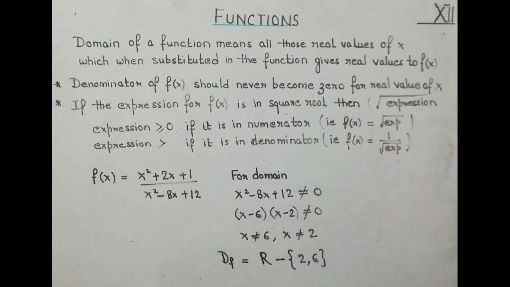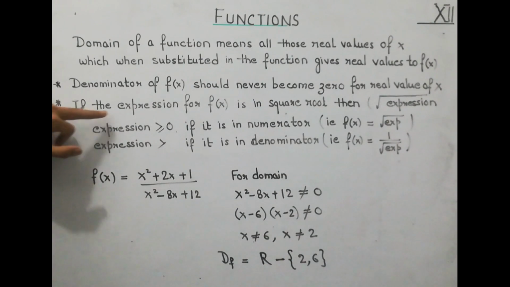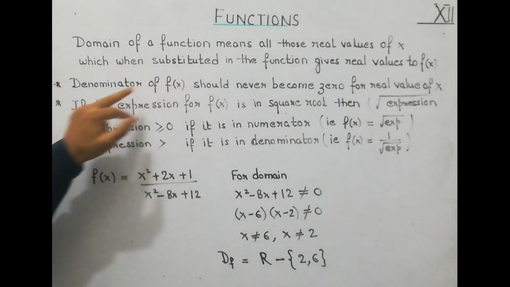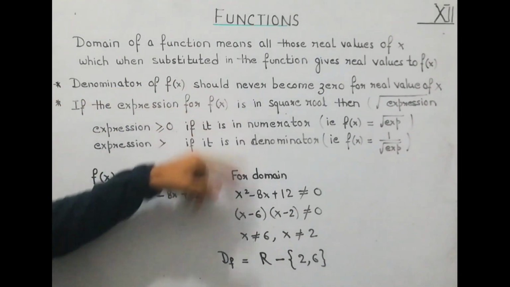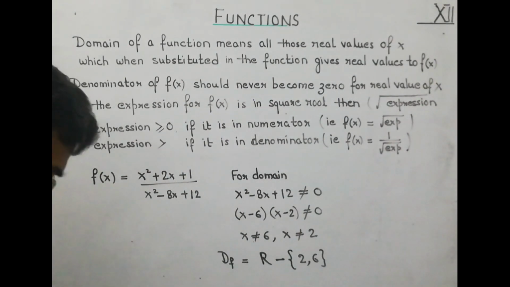So from there you can get those values of x which can make the denominator 0, and we will say that at those values of x, f(x) will give us an undefined value. So we have to leave out those values of x. So here we have used this condition: the expression for the denominator of f(x) should never be equal to 0.